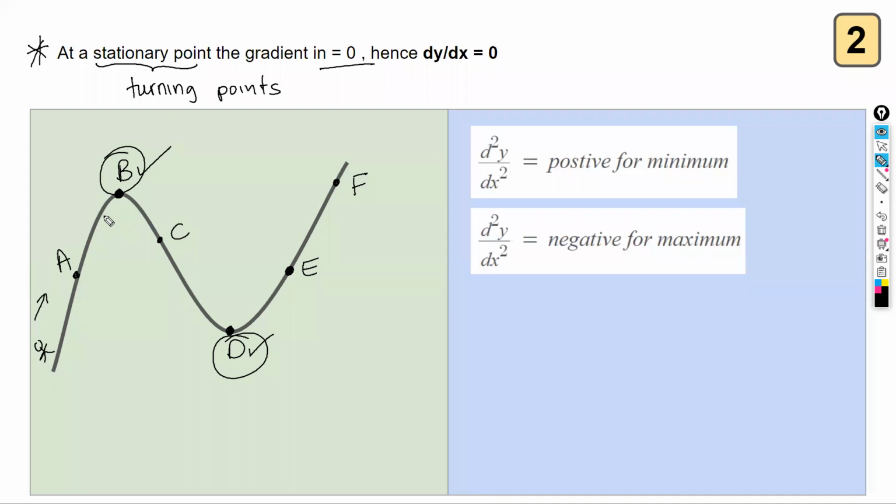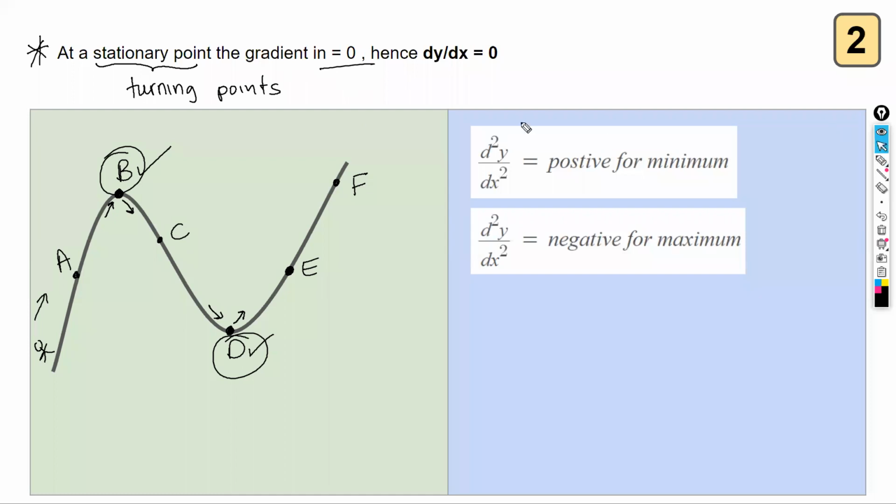At point B, just before point B, weren't we going up? But when we just passed point B, aren't we going down? Aren't we turning our direction from up to down? And the same thing happens at point D. First, you're going downwards, and as soon as you pass D, you're going upwards. So B and D are turning points, better known as stationary points. And at stationary points, your gradient is 0.